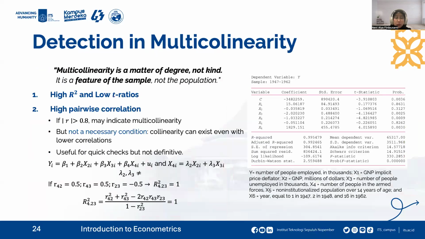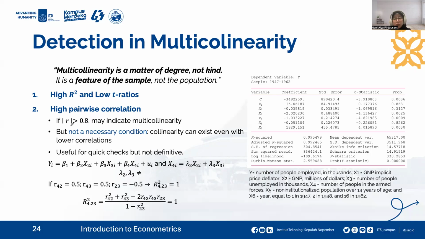So how do we detect multicollinearity? First, from this example, we can say that if you find a high R square but low t ratio, it might be a sign of multicollinearity. And then you can check the pairwise correlation between the regressors. If they have a high correlation, let's say the absolute value of the correlation coefficient is more than 0.8, it may indicate multicollinearity.